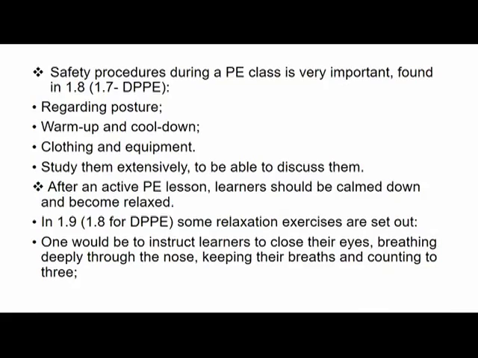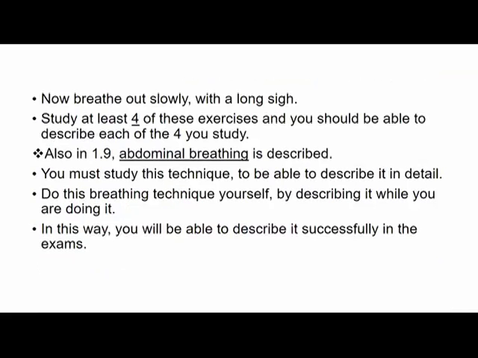One would be to instruct learners to close their eyes, breathing deeply through their nose, keeping their breaths and counting to 3. Now they should breathe out slowly with a long sigh. Study at least 4 of these exercises, and you should be able to describe each of the 4 you study.